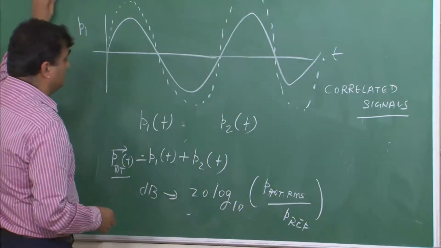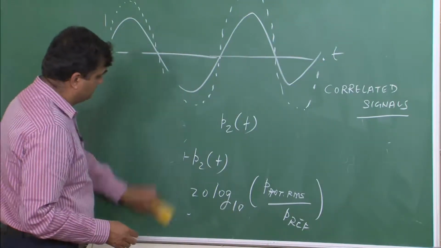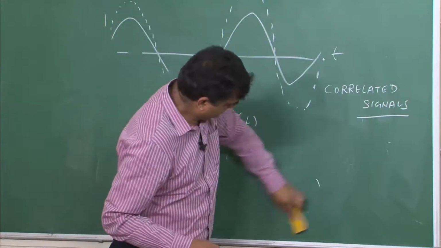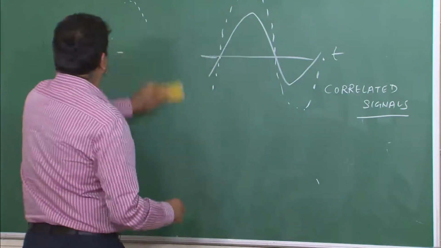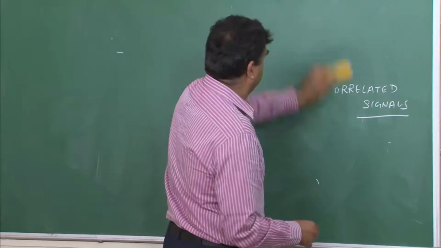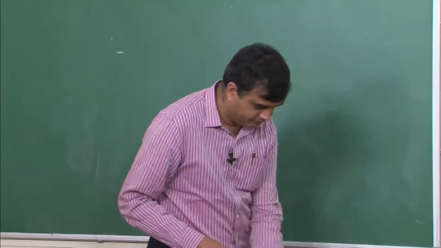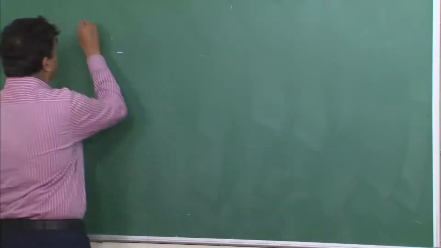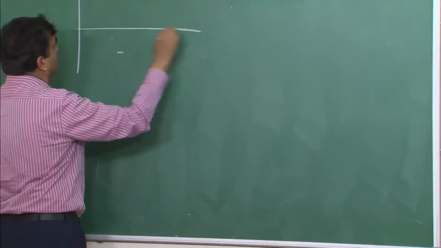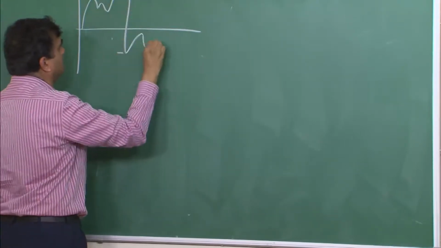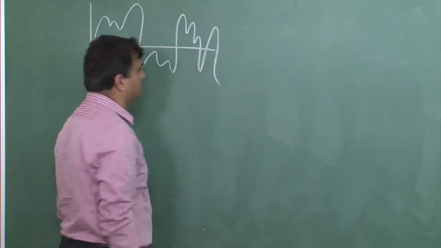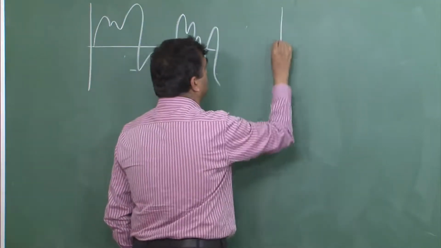Now I will do another example. If the signals are not correlated, so suppose there is one signal and then there is another signal.